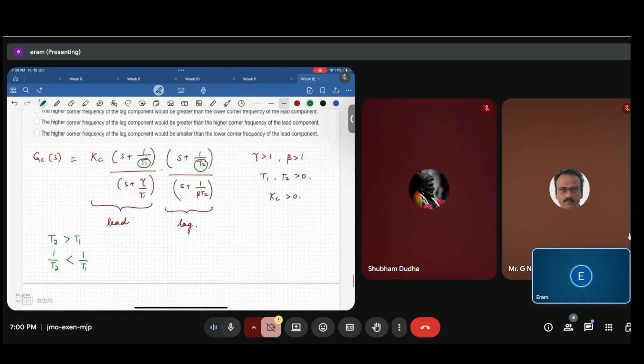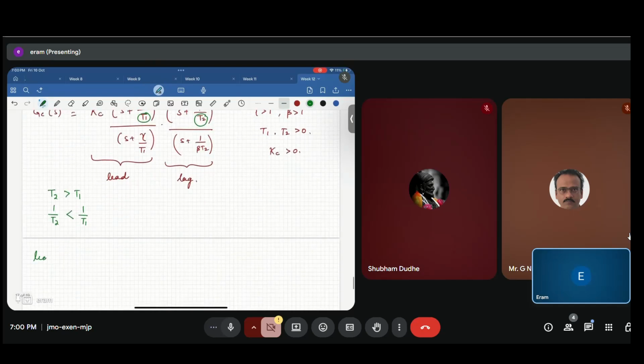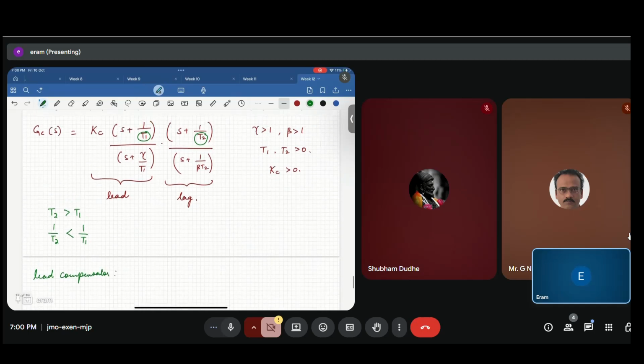First let's consider the lead compensator. What are the corner frequencies of the lead compensator for this case? It will be 1 by T1 and gamma by T1.